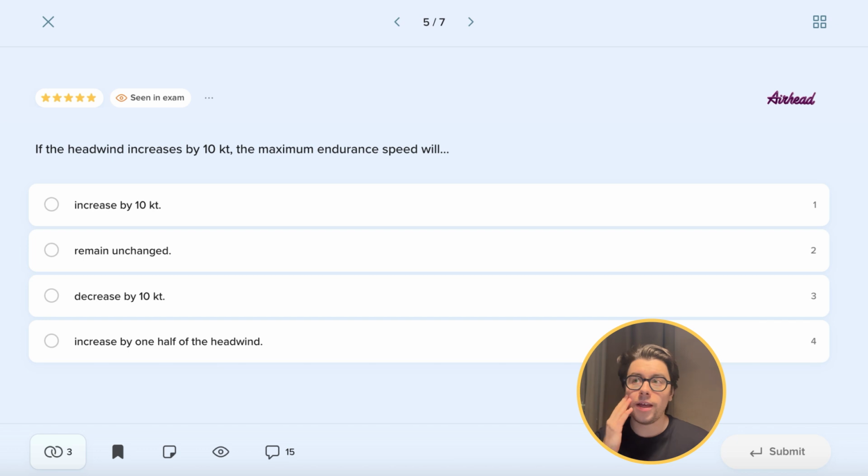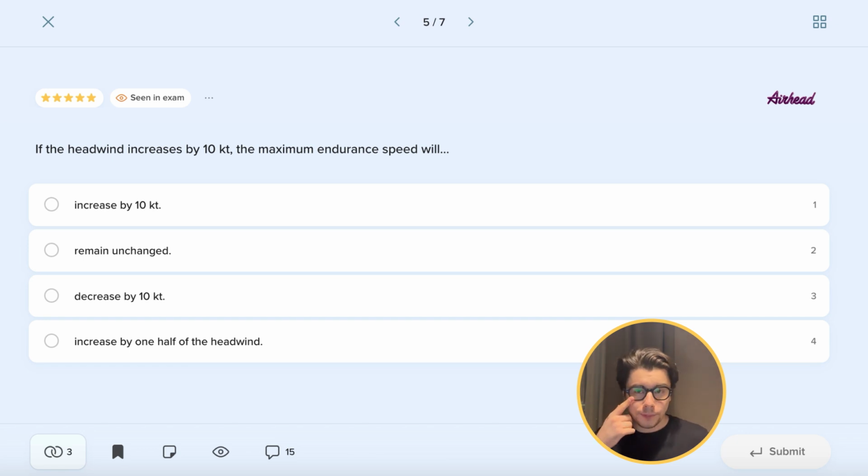So you can think about an extreme example, for example, of flying at 150 knots of calibrated airspeed in 150 knots of headwind. In that case, you will be stationary over the ground. However, it doesn't really matter what distance you're covering and what speed you're flying at, as you will remain in the air for the exact same amount of time.